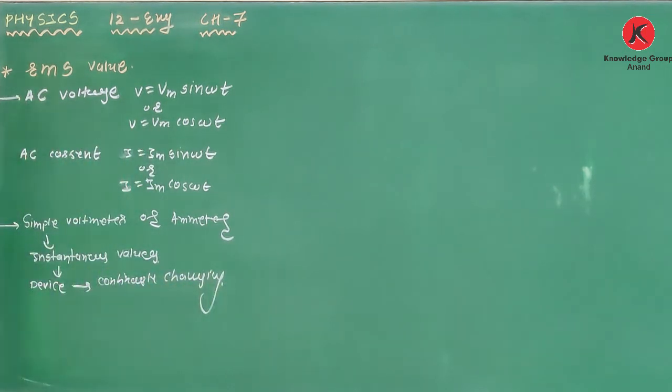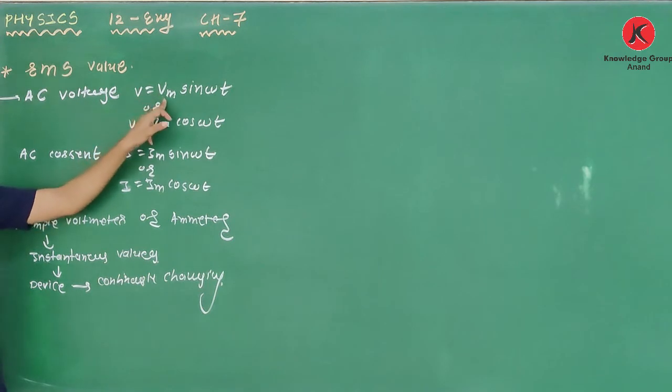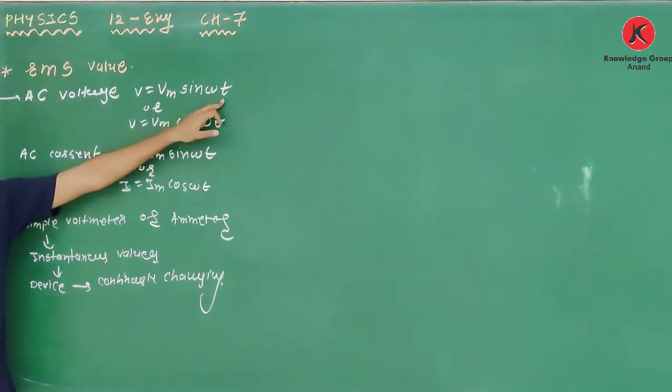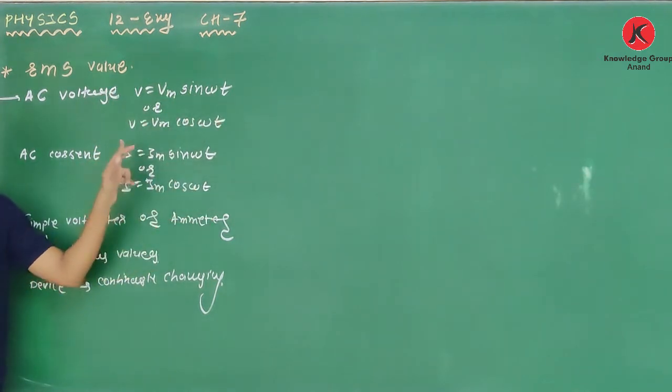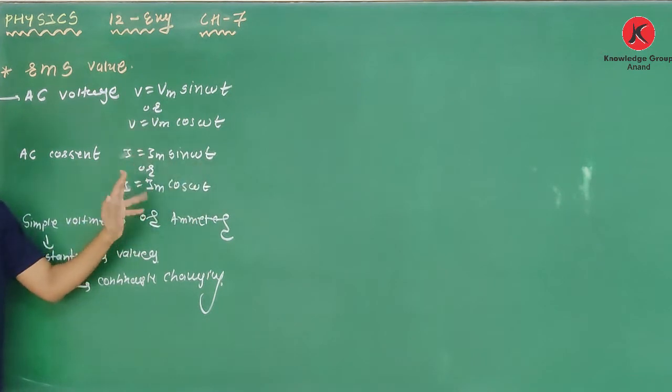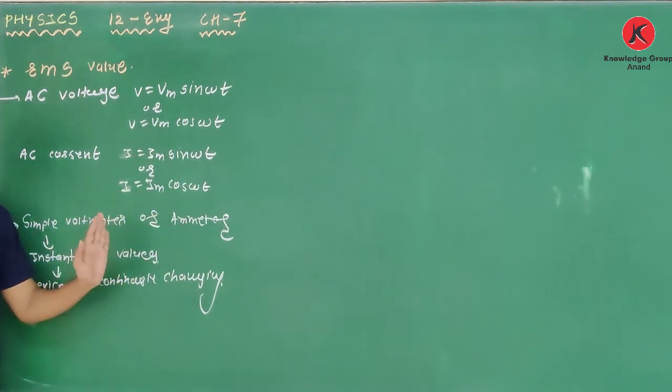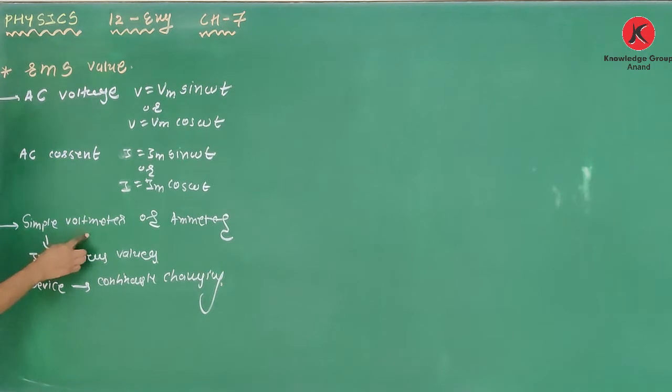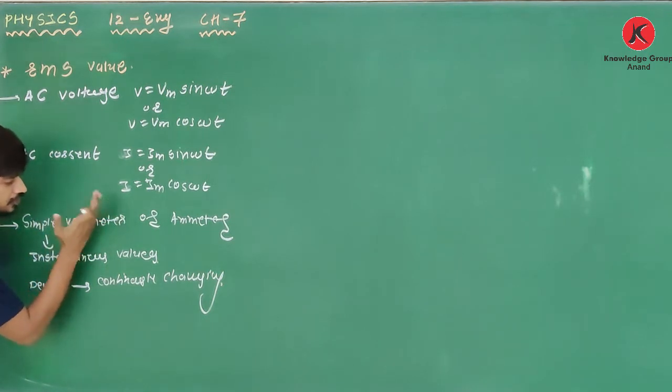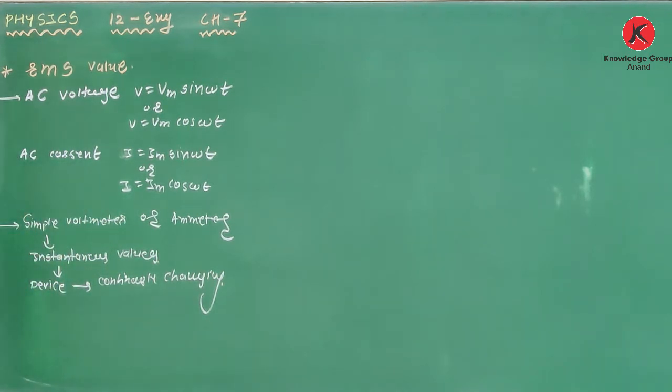And as it is continuously changing, we have to find its average. Yes. V = Vm sin ωt, put different values of t. V keeps changing, I keeps changing. Yes or no? So yes, the pointer on the galvanometer, on the voltmeter or ammeter, continuously changes. So yes, we have to find its average.